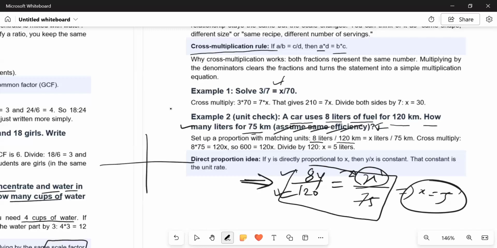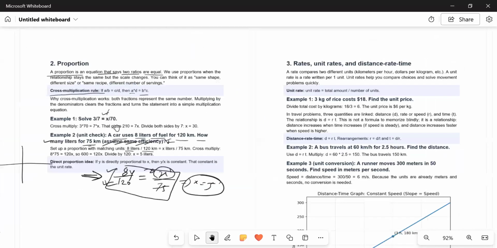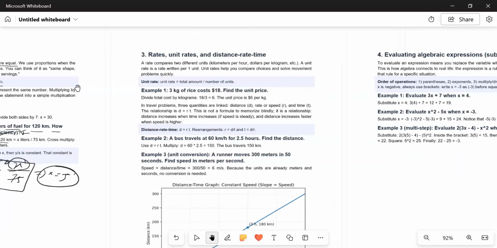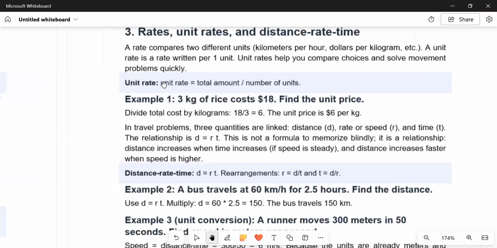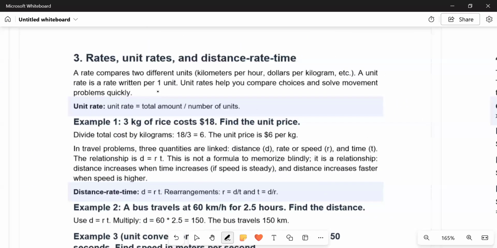Okay, thank you. Now we are going to go into graphs today, so thank you for getting us started. But before that, let us talk a little bit about rates, unit rates, and distance-time. What is a rate? It is also nothing but a fraction.